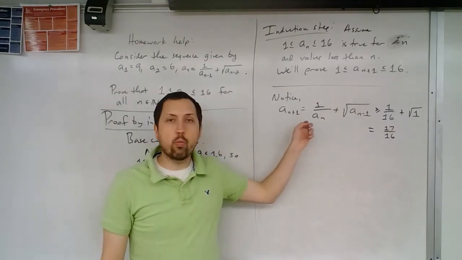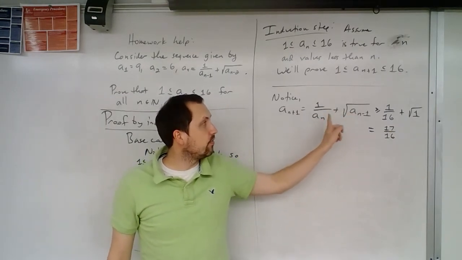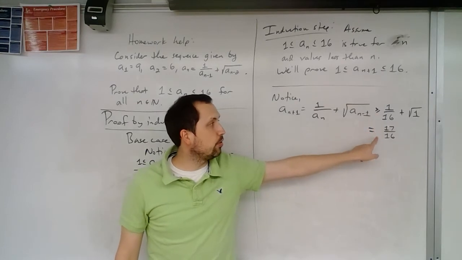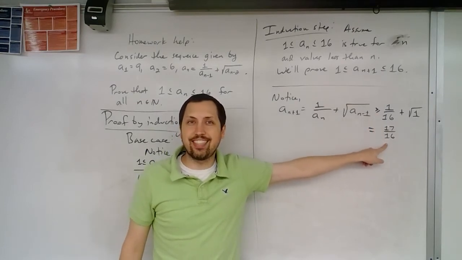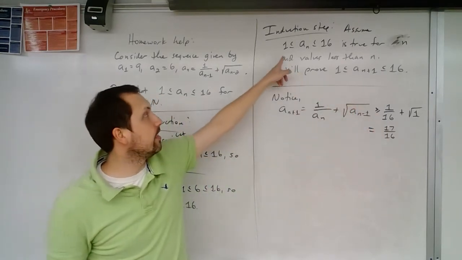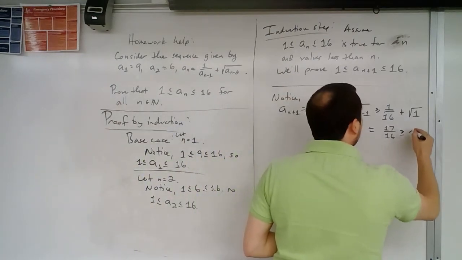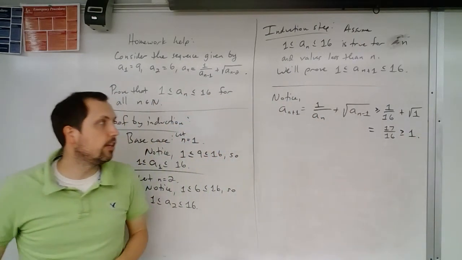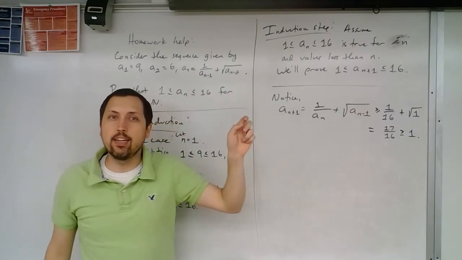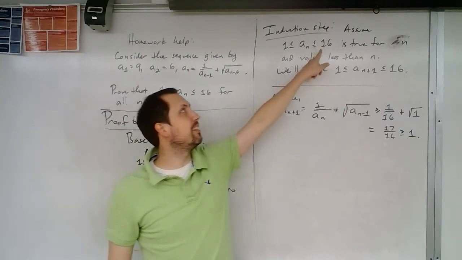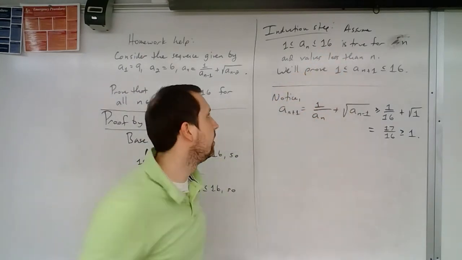So a sub n plus 1 is always, following the inequalities, greater than or equal to 17 over 16, which obviously is greater than or equal to 1. So that is the smallest it can be. Now, on the other hand, I'm trying to figure out what's the biggest. Could this ever become bigger than 16?